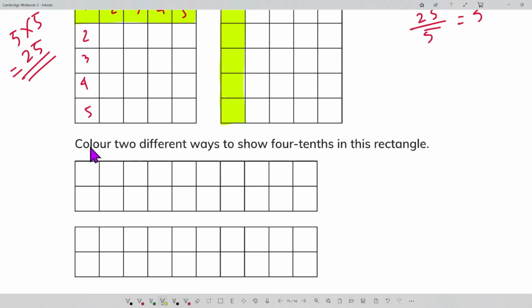Next it says color two different ways to show 4/10 in a rectangle. So first we have to count how many squares: 1, 2, 3, 4, 5, 6, 7, 8, 9, 10. It means there are 20. It mentions 4/10, so 20 divided by 10 is 2.